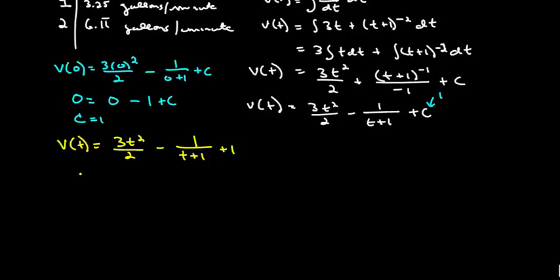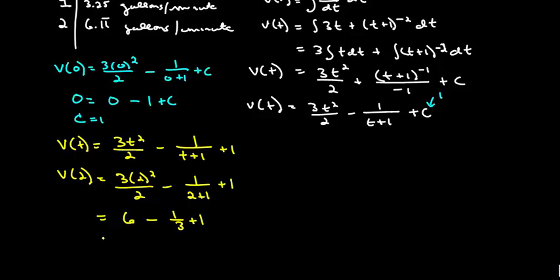And now the question that they asked is, what is the volume at time 2? Well, that's 3 times 2 squared over 2 minus 1 over 2 plus 1 plus 1. So let's go ahead and reduce this. This is 4 divided by 2, which is 2, times 3 is 6, minus 1/3 plus 1. So this is 7 minus 1/3, which is 6 and 2/3.